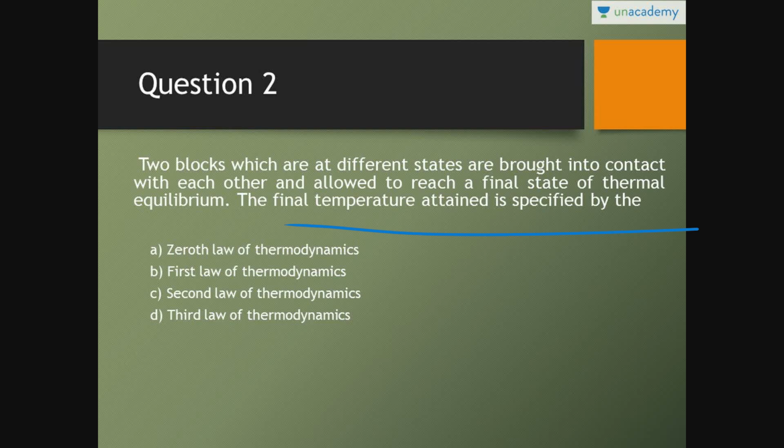If system A is in thermal equilibrium with system B, and system B is in thermal equilibrium with system C, then systems A and C are in thermal equilibrium with each other. So statement A, the zeroth law of thermodynamics, is the correct statement. Nothing like the first law, second law, or third law. It is the zeroth law of thermodynamics.